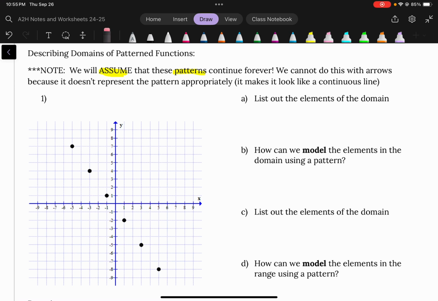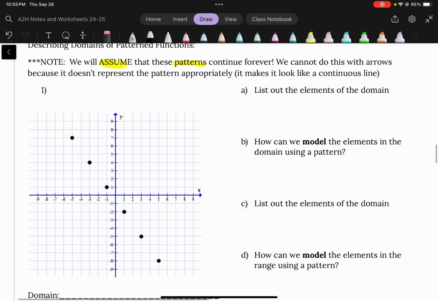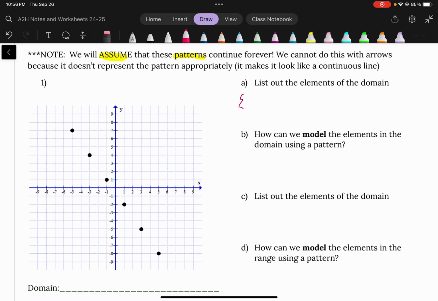But anyway, let's list out the elements of the domain to start. So I start by doing this. I'm like x such that x equals, what I got, -3, -1, 1, 3, and then suddenly I realize I can't stop.